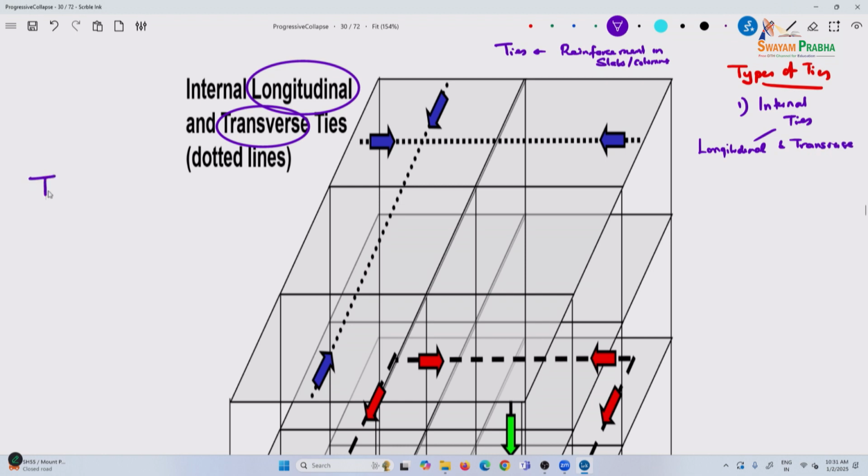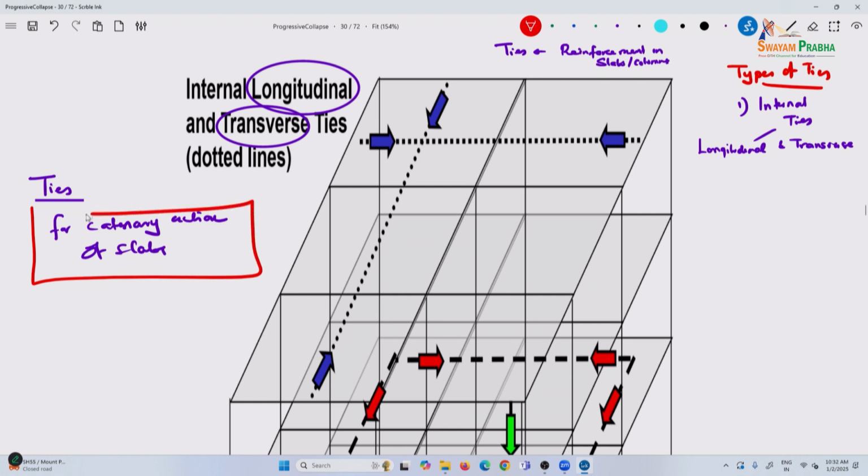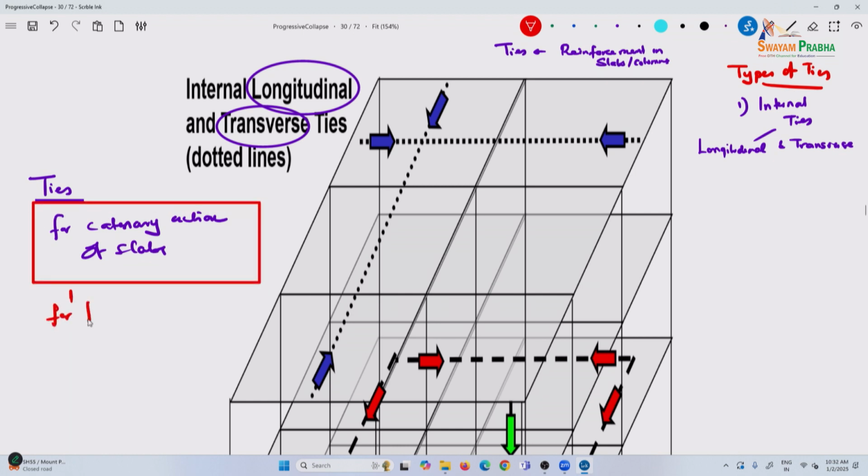Again, ties, let me emphasize, are for catenary action of slabs. That is the main purpose. There is no calculated design force, there are prescribed design forces.